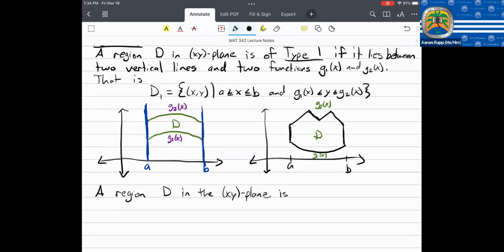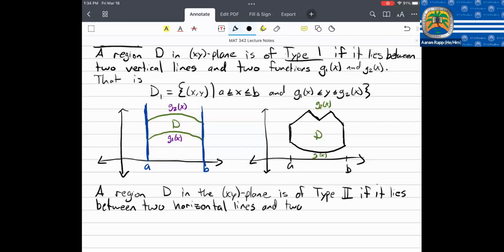So region D in the xy plane is of type 2 if it lies between two horizontal lines and two functions, h1 of y and h2 of y.